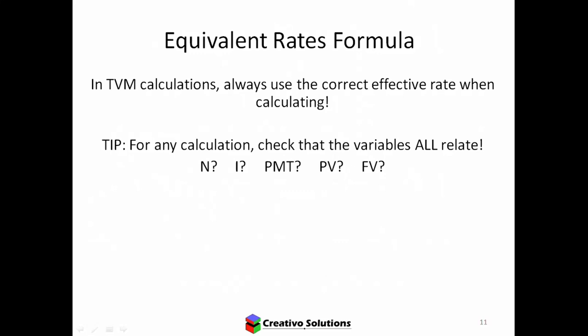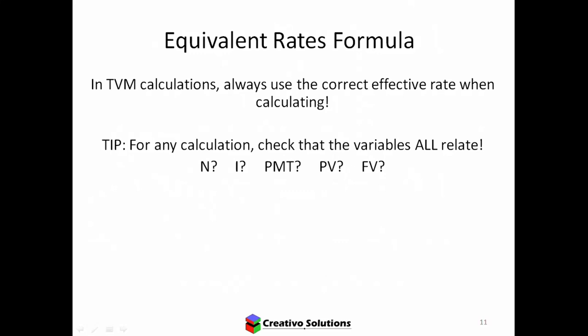And then something else that's very, very useful, especially when doing calculations, is you need to be able to convert the different rates, taking compounding into consideration. So I've given you an equivalent rates formula here just for you to use when converting one rate to another. So just remember, if I'm doing any calculation, it doesn't matter how simple or how difficult, you always have to check that all the variables are going to relate.